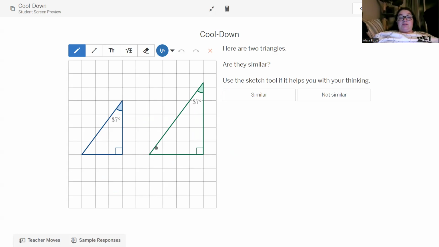And this one you can use what we've learned with angles, or you could also use the grid lines and try to use proportions. But notice this one's kind of up here a little bit. It's not perfectly on a grid line, so using scale factors might mess you up a little bit. But it's up to you. Use what we've done with angles earlier in this unit.